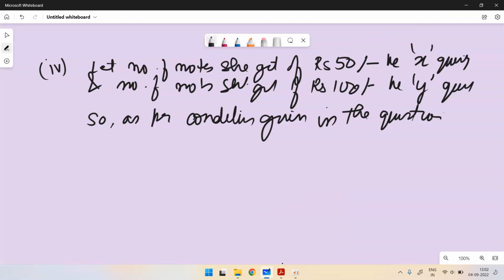If x notes of 50 are there, the amount you get from the 50 notes is 50x, and if there are y notes of 100, the total amount will be 100 into y. For example, if you get 5 notes of 100, then the total amount you have in your hand is 5 into 100, which is 500. If you add these two, it will become 2000, because it is given that she needs 2000 from the bank. This is your first equation.